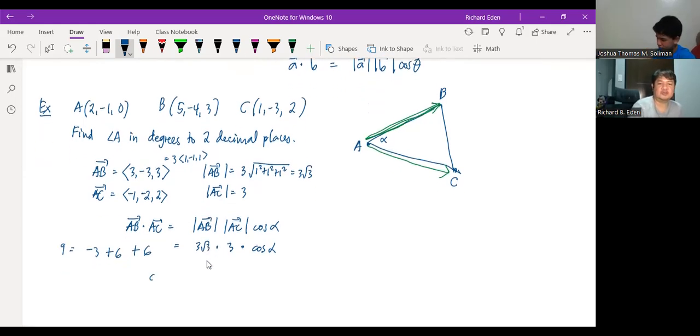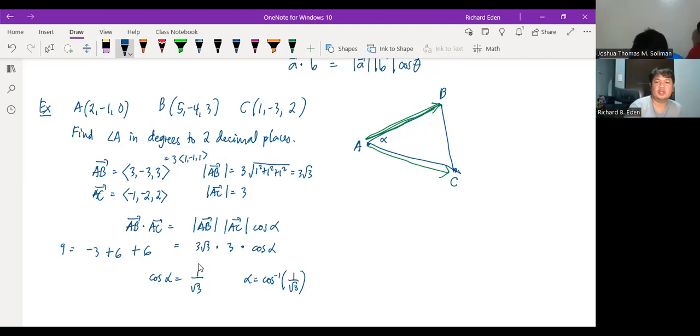Which means if you solve for cosine alpha, that's going to be 1 over the square root of 3. Did I do that right? 1 over the square root of 3. Tama, no? All right. And so that means alpha is cosine inverse of 1 over the square root of 3.